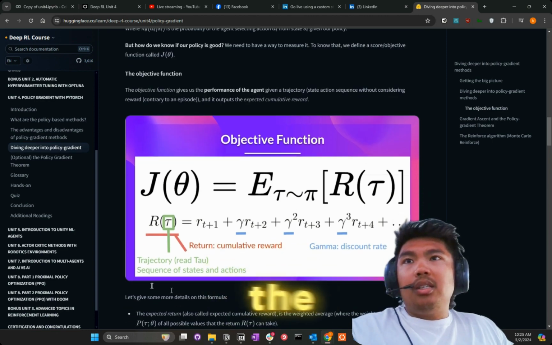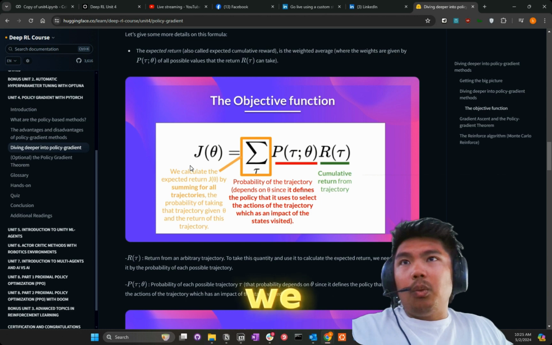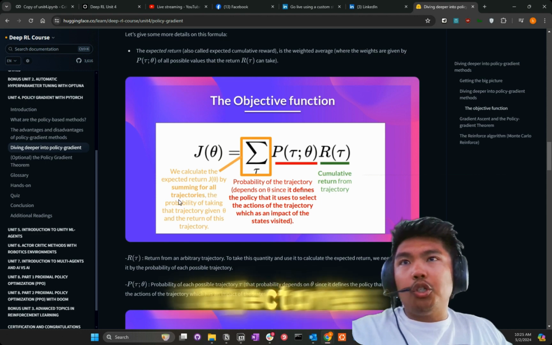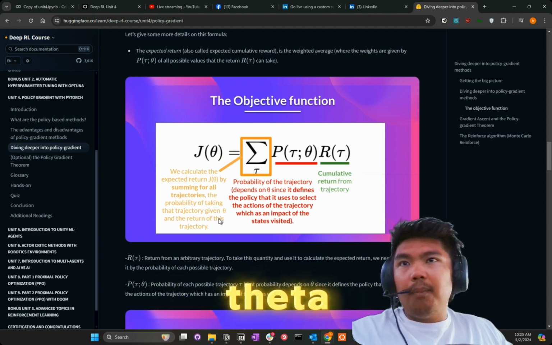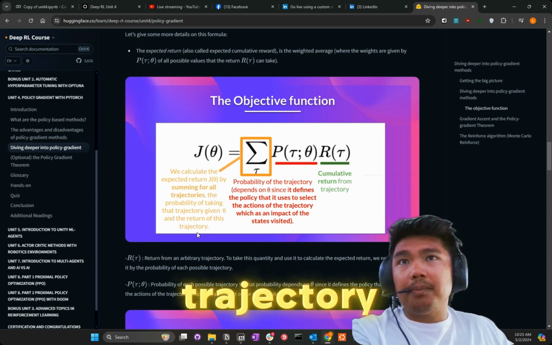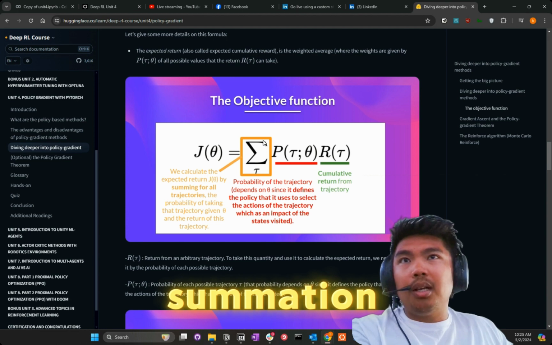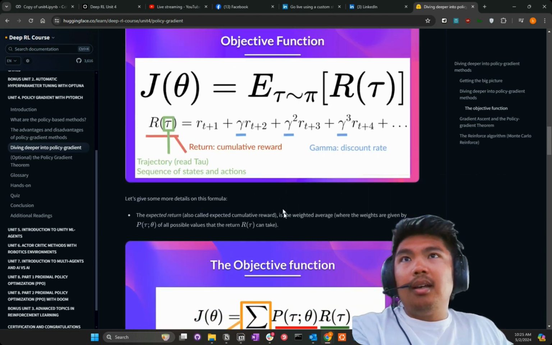So here's the objective function defined. We calculate the expected return, J of theta, by summing over all trajectories the probability of taking that trajectory given theta times the return of this trajectory. That is what the summation symbol is, and tau is the trajectory.